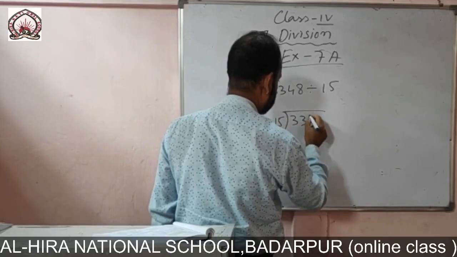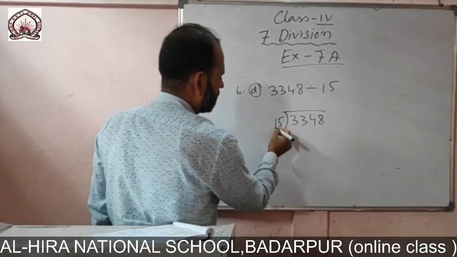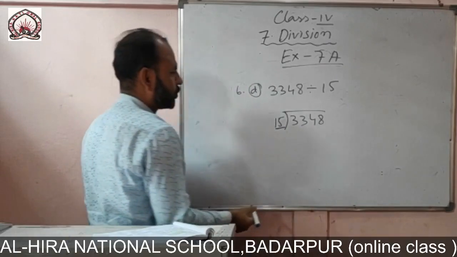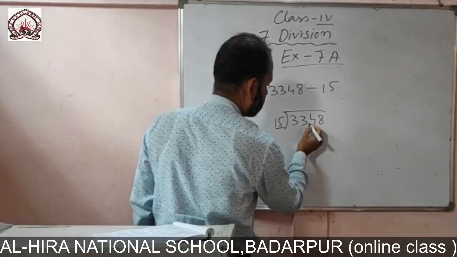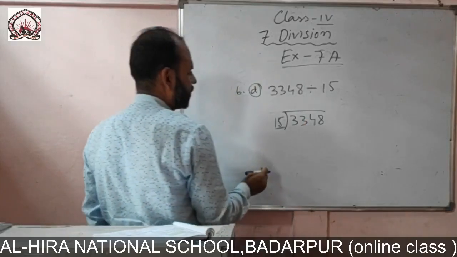Here divisor is 2 digit. We take 2 digit here also. Then we get 33. So we know 15 2s are 30.